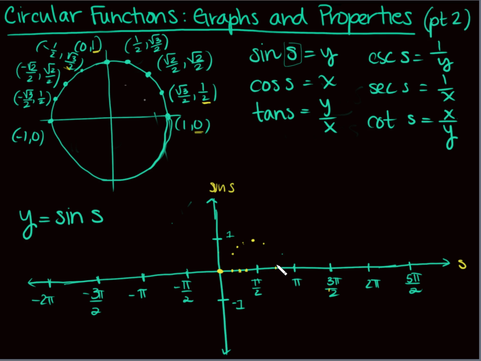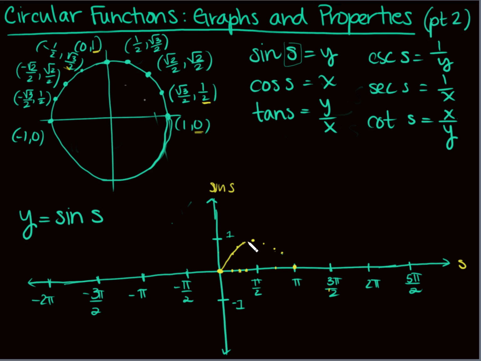At this point, I'm pi over 4 away, and I'm in the second quadrant, so I'm about 0.7. Then at 30 degrees from pi, I'm at 1/2, the same as this guy here. And then at pi, I'm at 0.